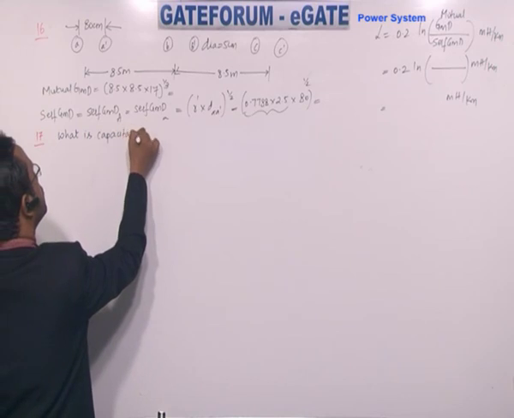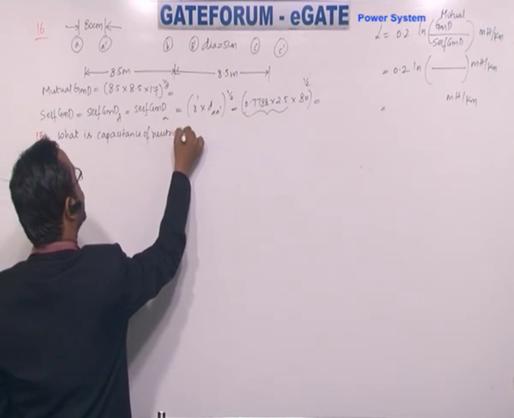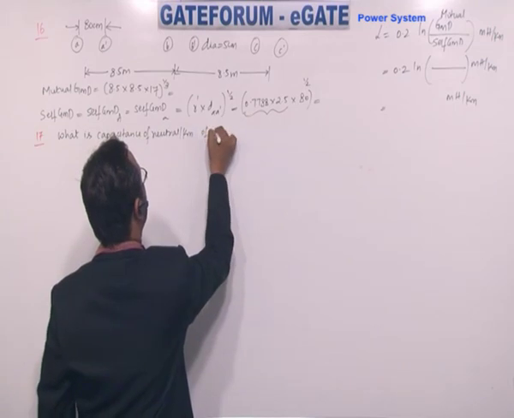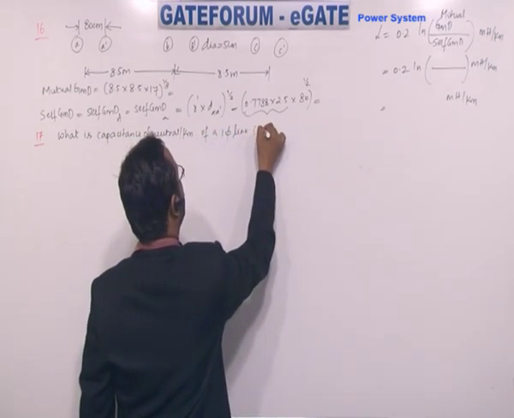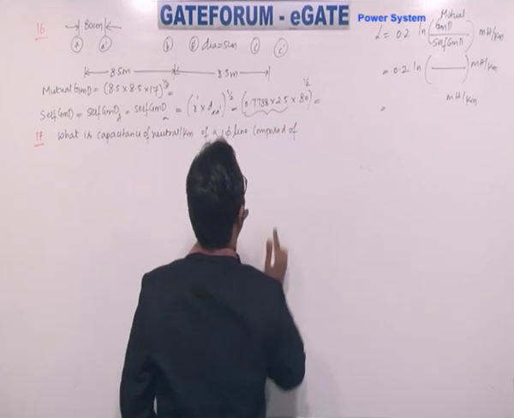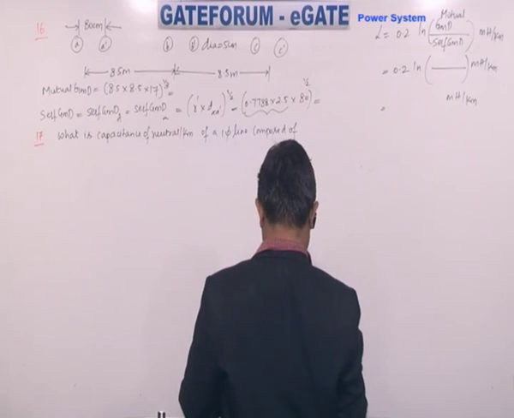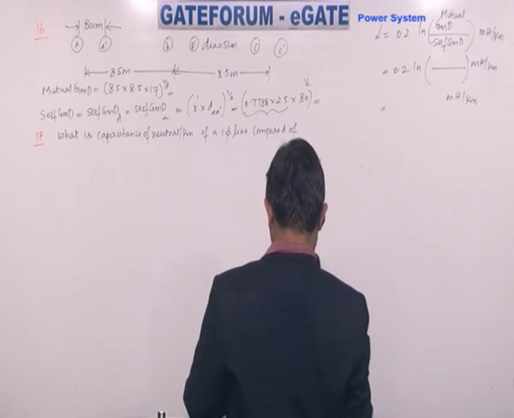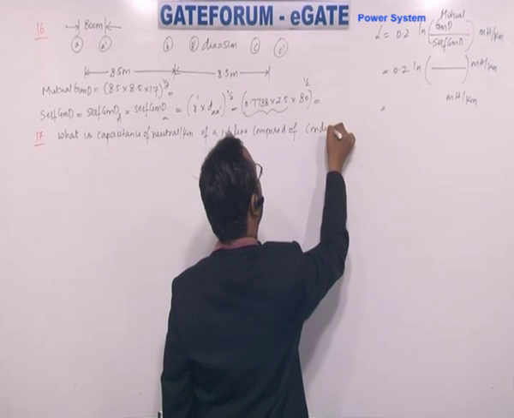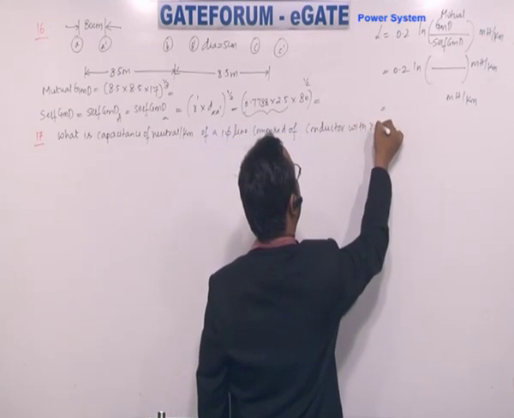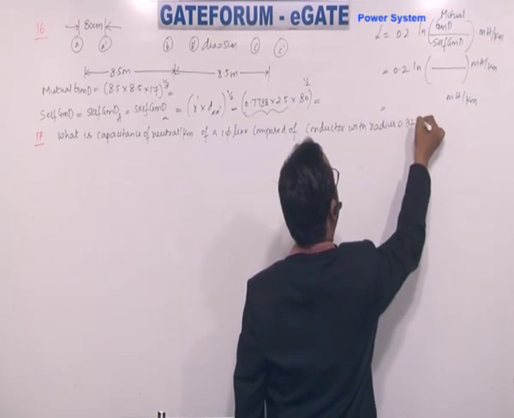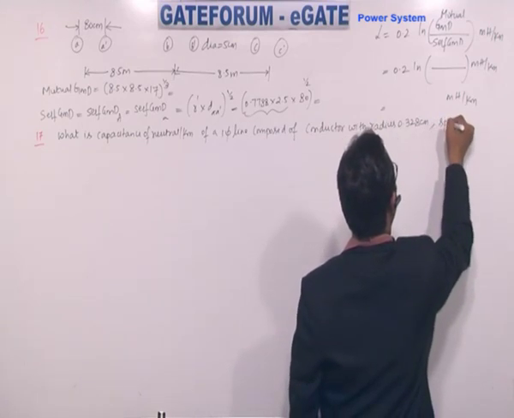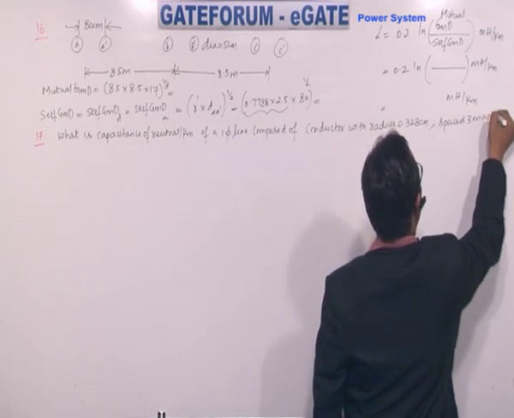What is the capacitance of neutral per kilometer of a single phase line composed of conductor with radius 0.328 centimeters spaced 3 meters apart.